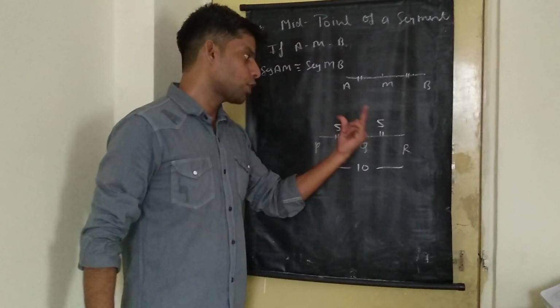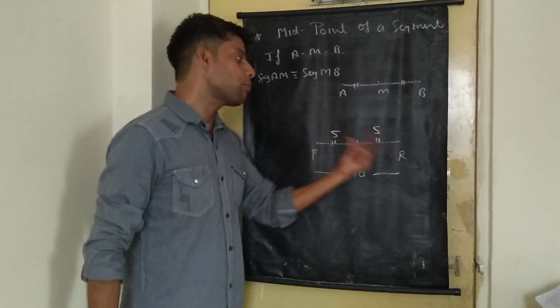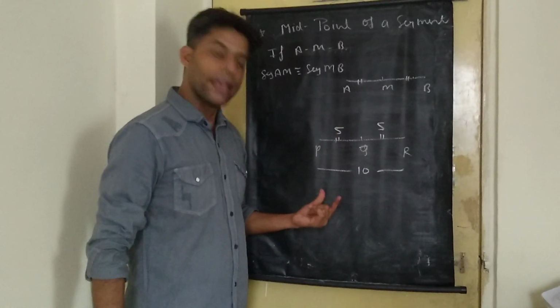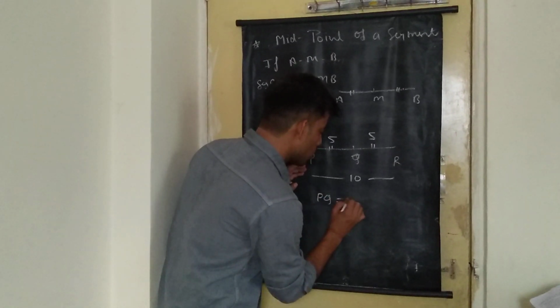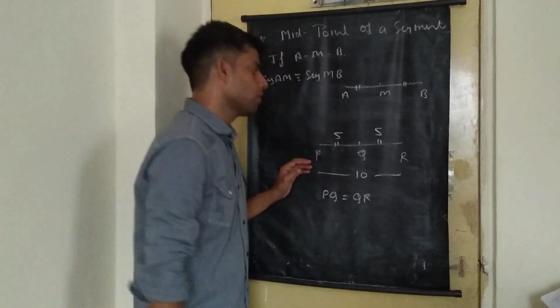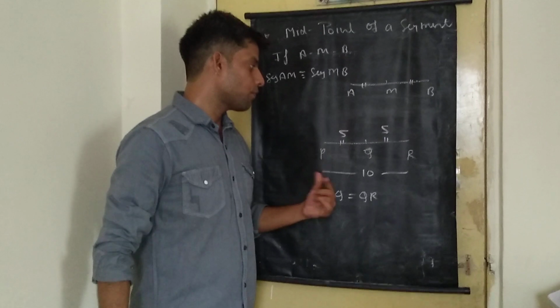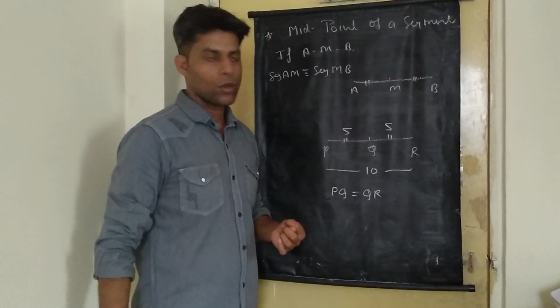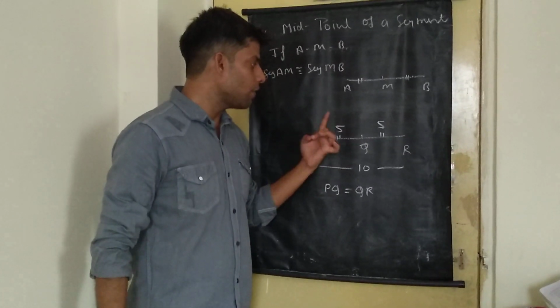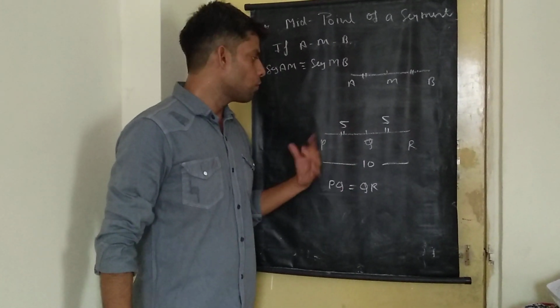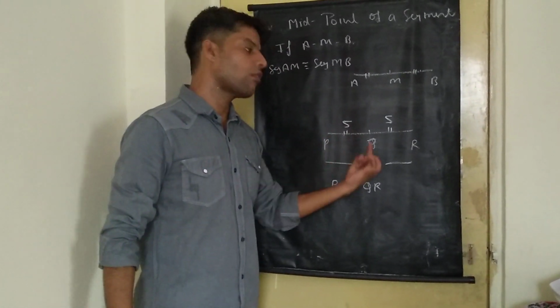Now I need you to develop some relation between the segments. PQ is 5, QR is 5, so what can you say about PQ and QR? Yes, very good, they are equal, so we can say PQ is equal to QR. Now PQ is 5 and PR is 10. So what is the relation of PQ and PR? We see 5 is half of 10, so we can say that PQ will be half of PR.